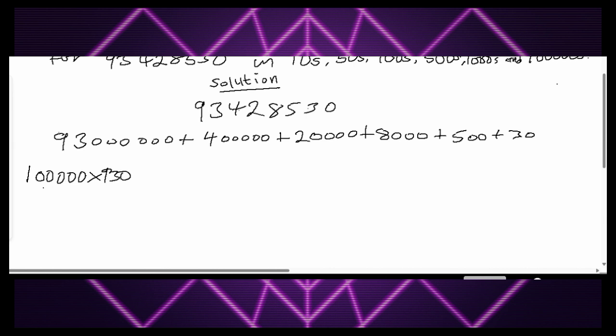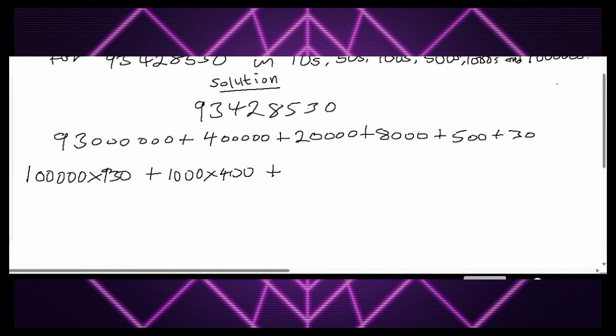If I multiply this by 930, I'm going to get what we have here, right? Plus the next, after the 100,000s, we have thousands. So I need 1,000, but I'm looking for a number that I can multiply by 1,000 to get 400,000. Basically that is going to be 400.